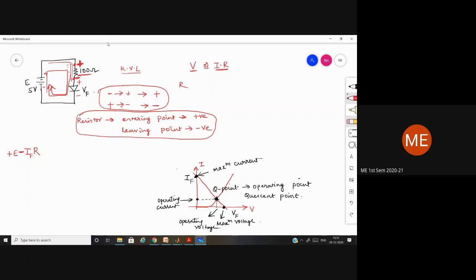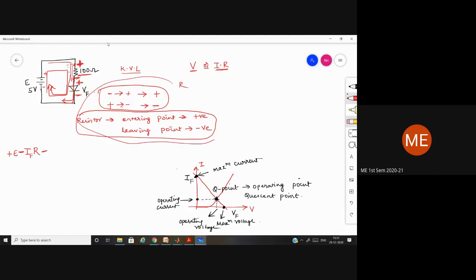Now tell me, when the loop is going through the diode, what symbol should I use? Negative. Plus to minus. So the loop is moving like this, plus to minus, minus.